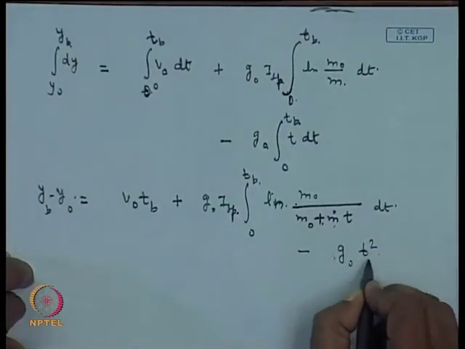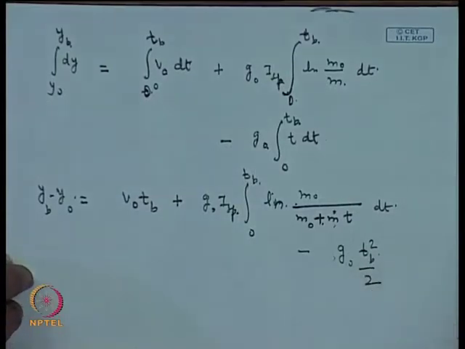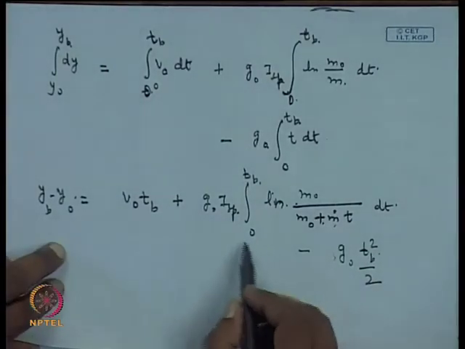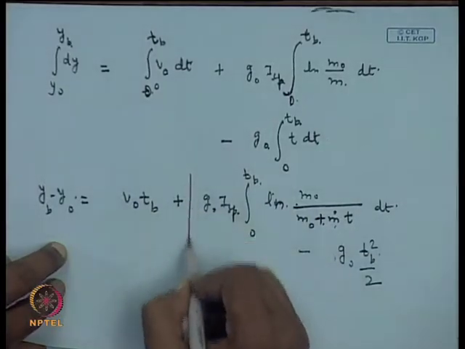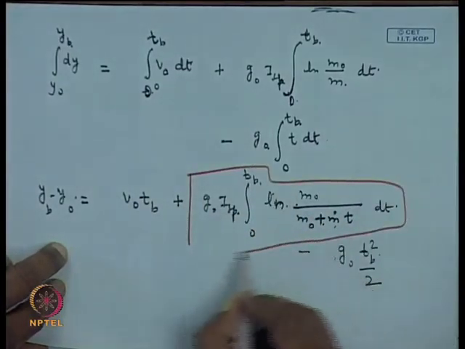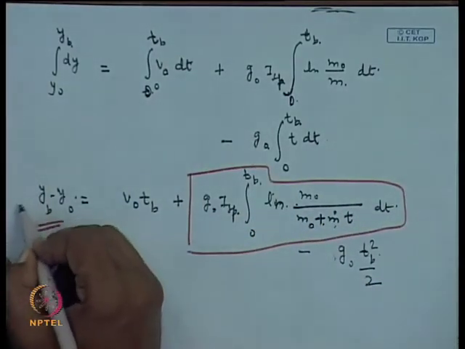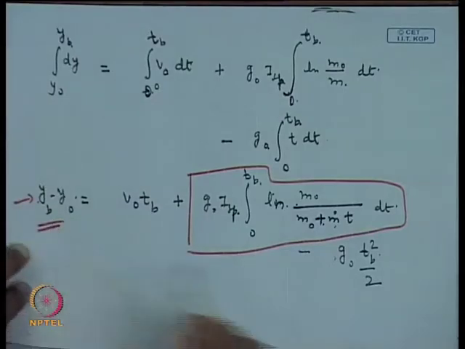Then minus g 0 t b square by 2. So, we have to further work out this term, and this will give us the altitude at burnout.